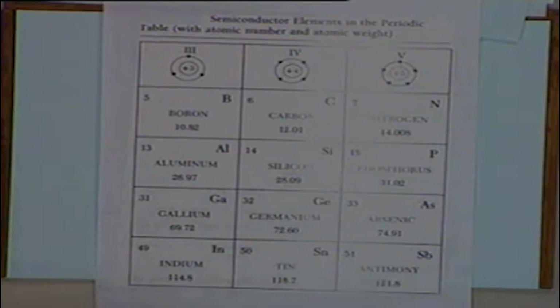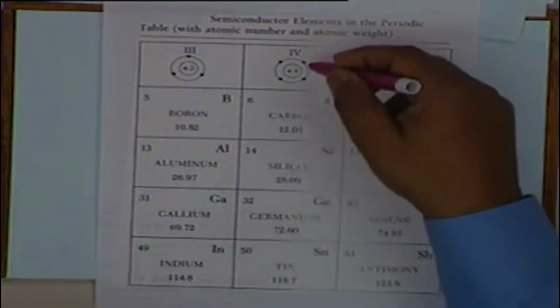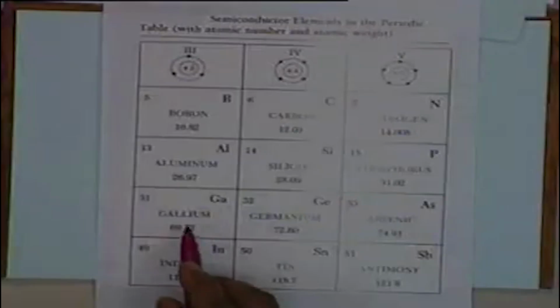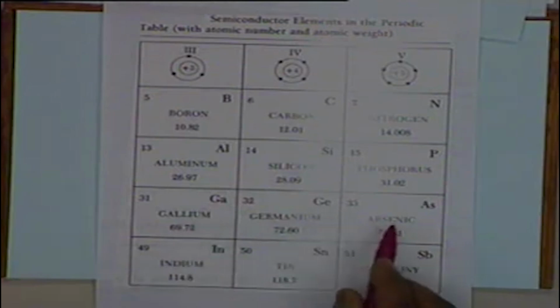There are semiconductors which use neither silicon nor germanium. They use a combination of 3rd and 5th group elements. These are called 3-5 semiconductors, and the most exciting semiconductor of today is gallium arsenide. That is a combination of gallium and arsenic. But we are not going into this.